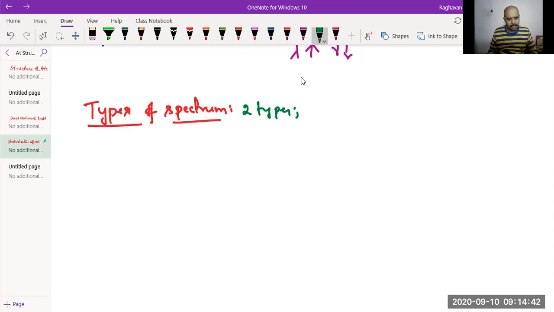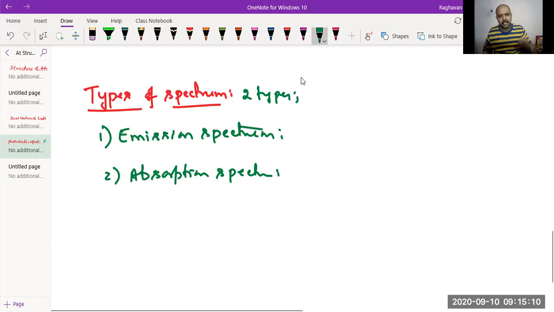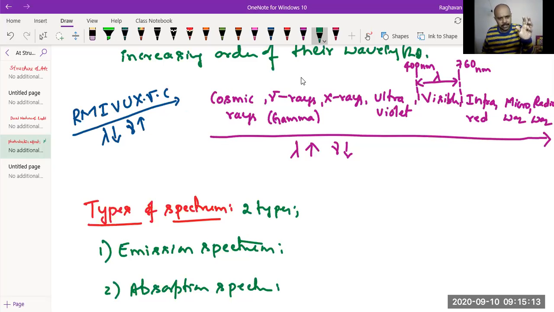One is emission spectrum, number two is absorption spectrum. Emission spectrum means the spectrum obtained by the emission of radiation from an object, and when that emitted radiation is passed through a prism, you get a spectrum. That is emission spectrum.